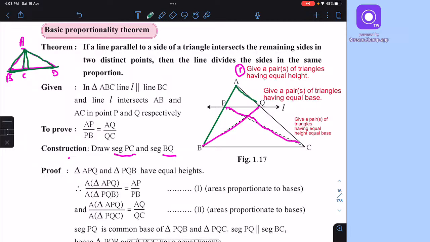So if you see AQP, PQB, they have the bases AP and PB on the same line, and Q is the common vertex, and therefore the perpendicular from Q to AB will be their height. All will have the same height. Triangles AQP and PQB, and AQB also, that we may not require.